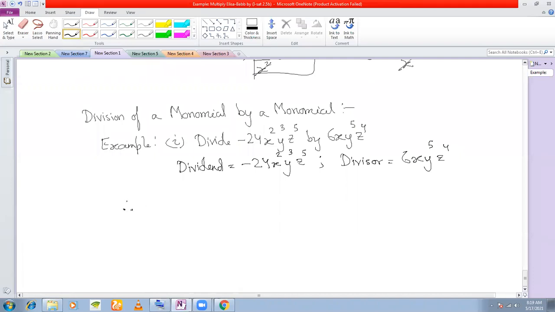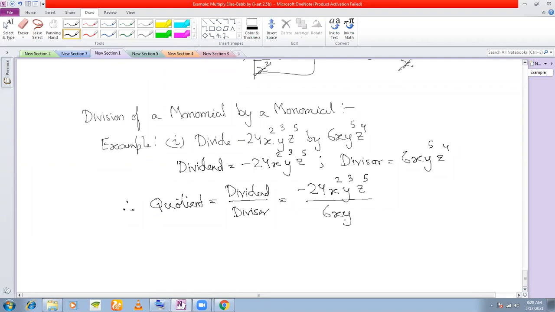So therefore, what should be your quotient here? Dividend by divisor. Minus 24 x square y cube z to the power of 5 divided by 6xy to the power of 5 z to the power of 4.